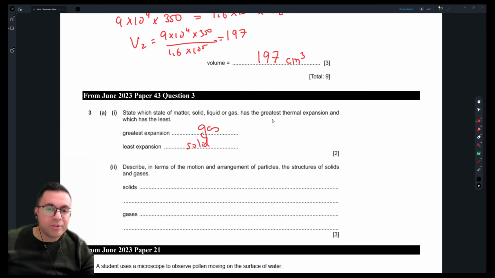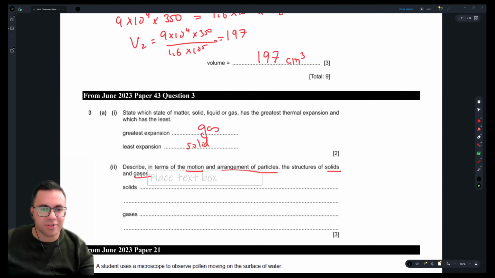Then describe in terms of motion and arrangement of particles, the structures of solids and gases. So now you're just comparing solids and gases, but keep in mind, sometimes the question will ask you to specify specific properties, like motion, or bonds, or arrangement. Here it's just motion and arrangement.